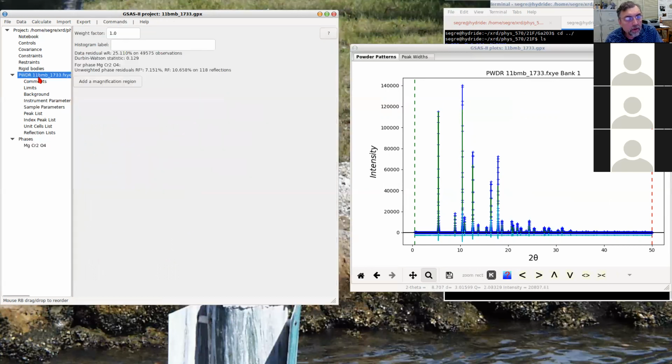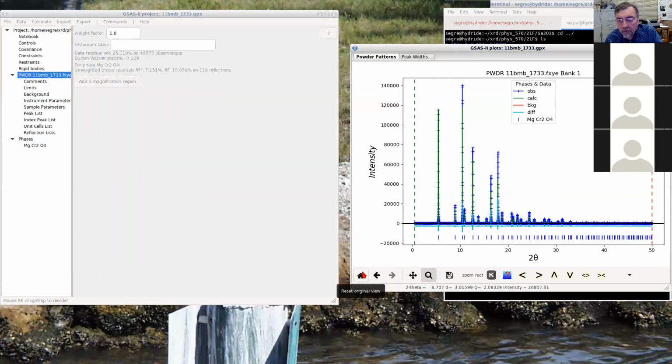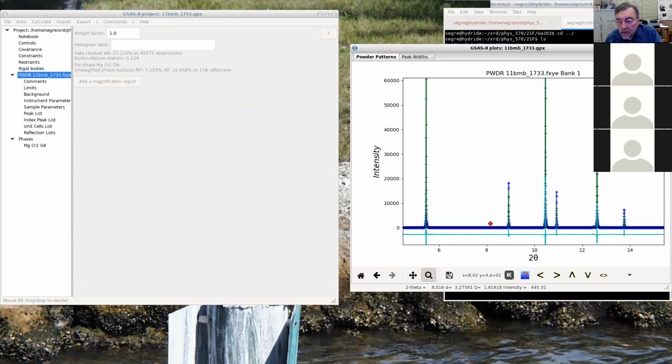If I go up here and plot this, you can see a little bit more information. You can see the peak positions have the tick marks, and the light blue is the difference. If I zoom in right around here, you can see that the difference is much better now, although there is still significant difference. There also is a peak here, which I'm not fitting, so there must be some small impurity.